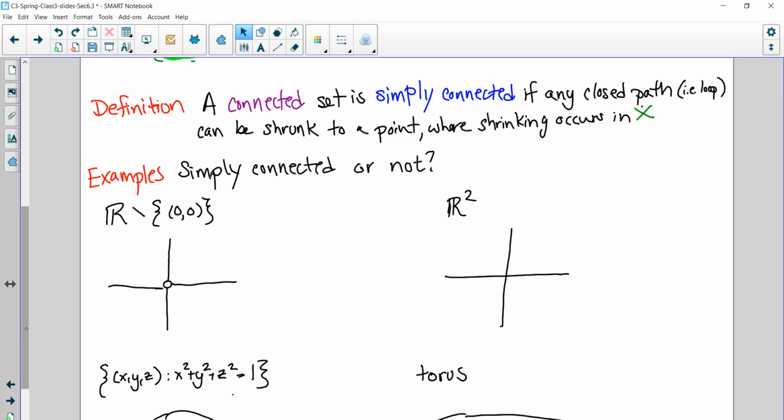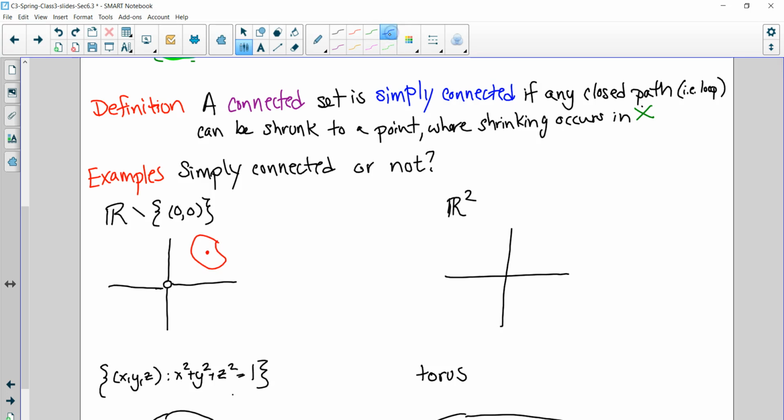If you think about a rubber band that is the closed loop, and the rubber band shrinks and shrinks down to a single point, that point would have to lie in the set. As an example, if we think of a path in this first example of R with the origin removed, that can shrink right to that point.